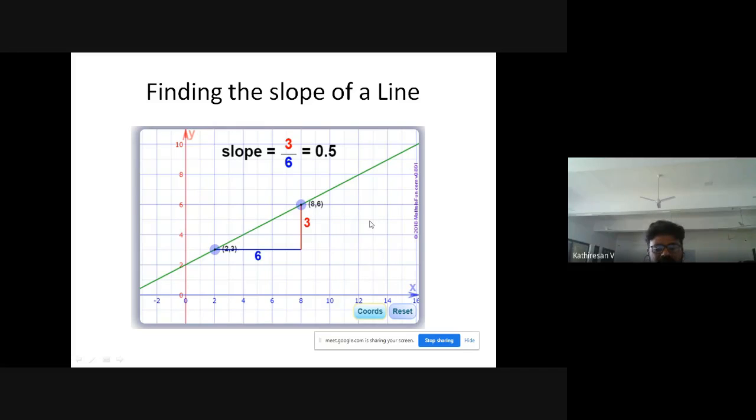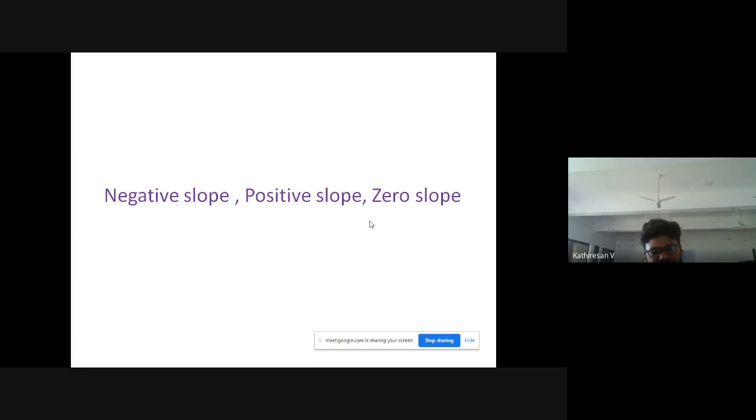Now we are calculating the slope of a straight line between 2 points in a line. I hope you know how negative slope works, how positive slope works, how zero slope works, everything we discussed in this diagram also. So no need to get into this again.